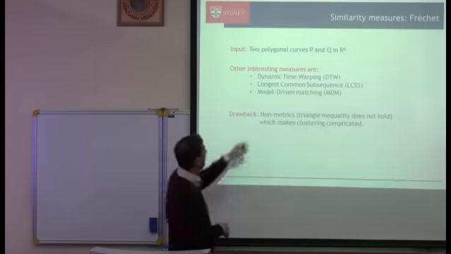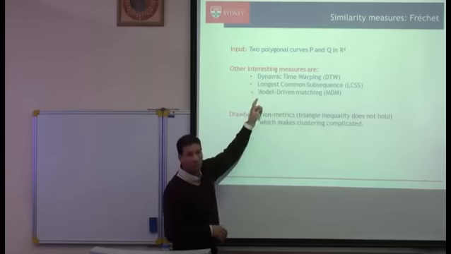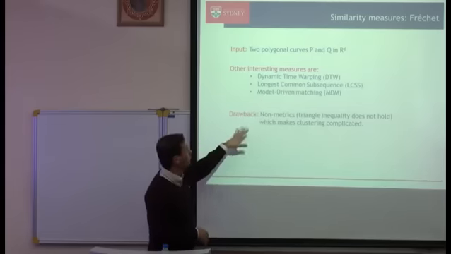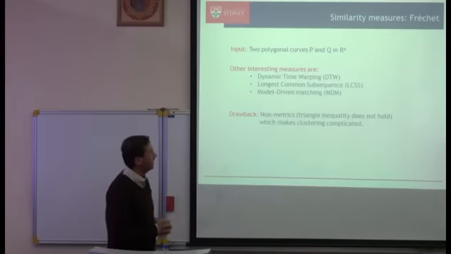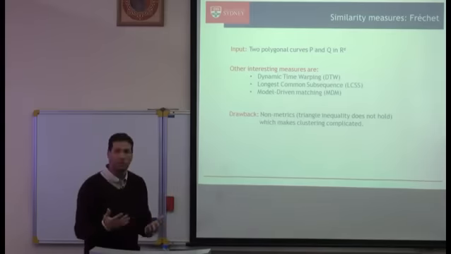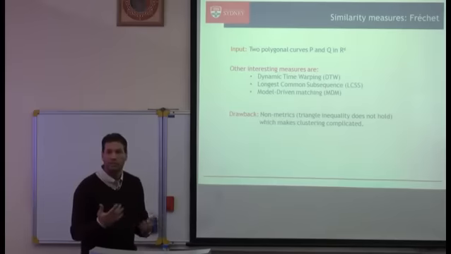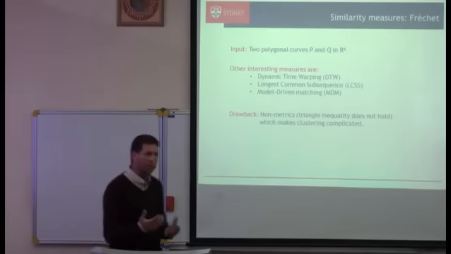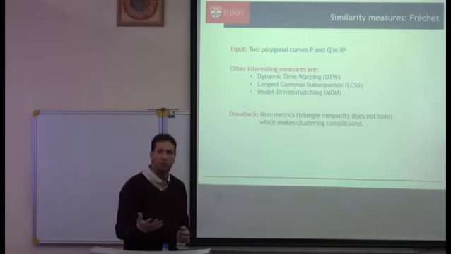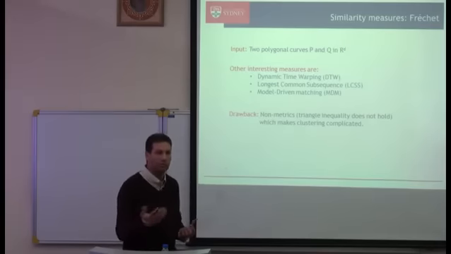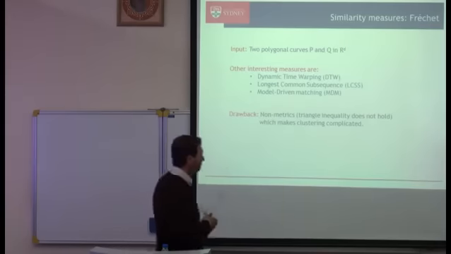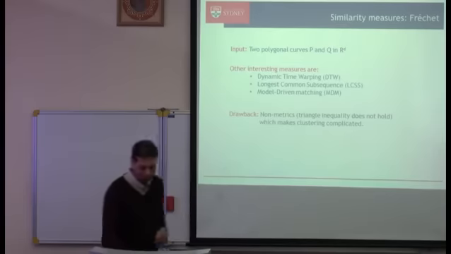So I think this deserves a little bit more study. But the drawback of most of these distance measures is that they are not a metric, which makes certain operations a bit complicated. Like, it's a bit tricky to do clustering, for example, if you don't have a metric. Right?